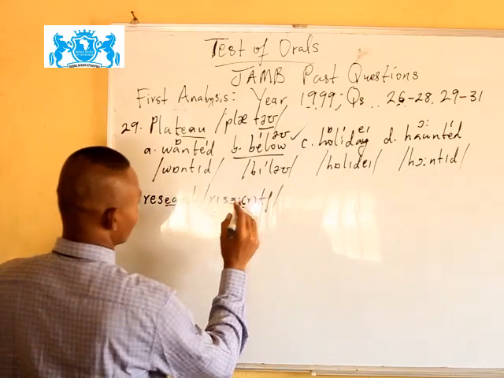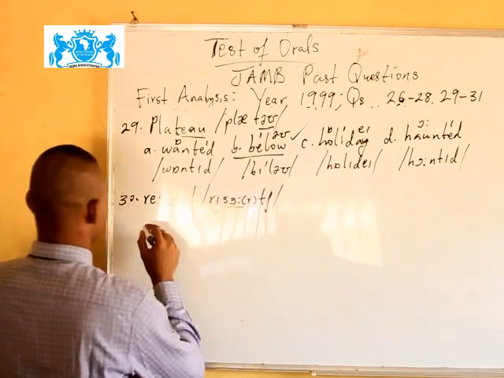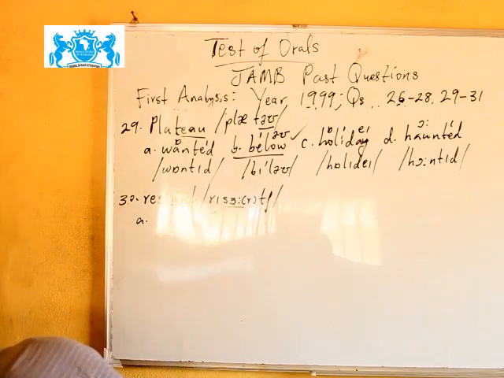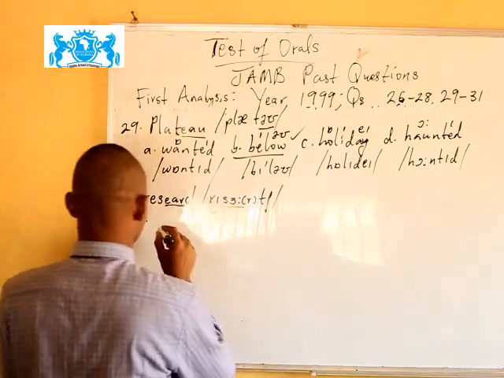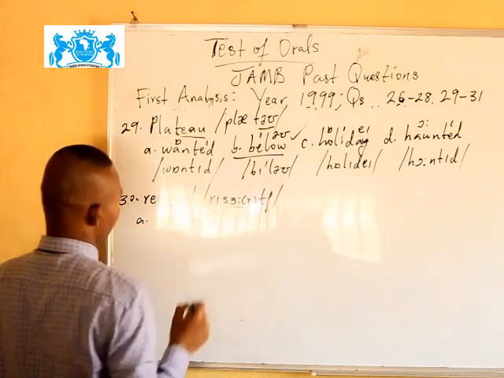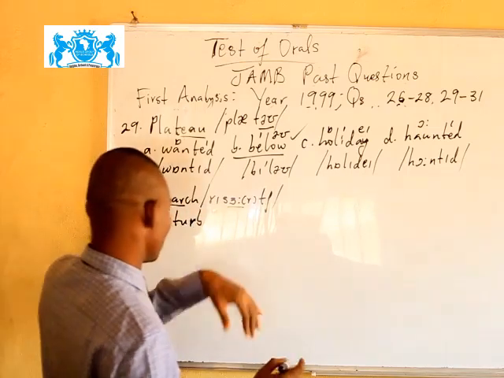So the underlined, when we take options A to D. A is T-U-R-B.